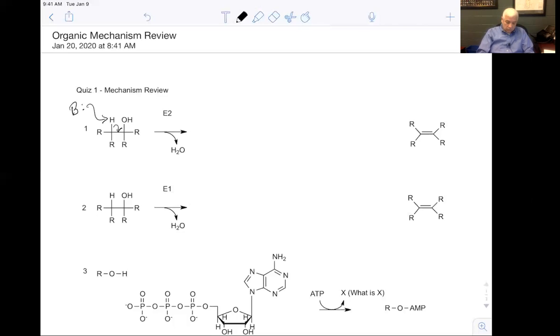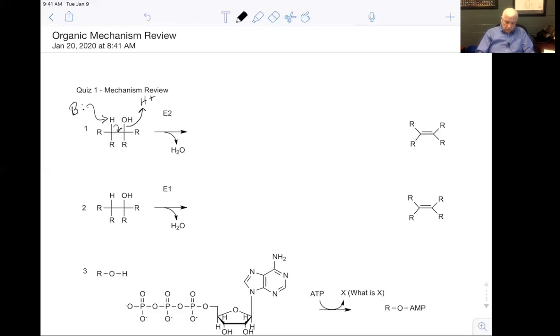The leaving group will be a hydroxide, but in organic mechanisms inside enzymes, there is always a proton available so that we have water coming off. This is an E2 mechanism because we see the dependence of both the deprotonated proton and the leaving group as part of the reaction.